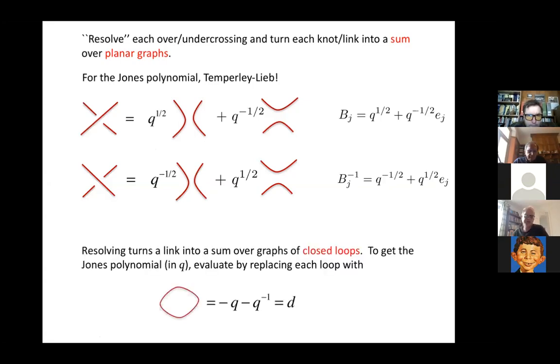Again, you take your knot and link and resolve it into a sum of closed loops, just like I told you about for the stat-mech model. To get the Jones polynomial, you just replace each loop with this minus Q inverse, and then that's almost the Jones polynomial.